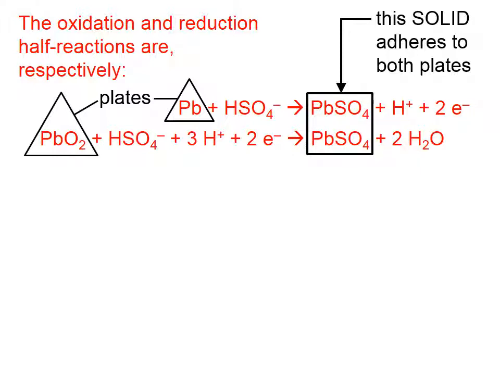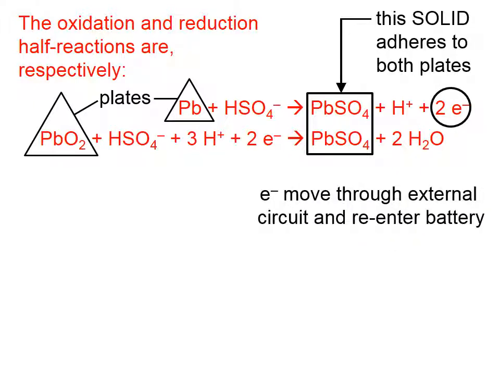It is insoluble and it adheres to both plates. Those two electrons that are lost in the oxidation of the lead move through the external circuit and re-enter the battery to reduce the lead 4 oxide.